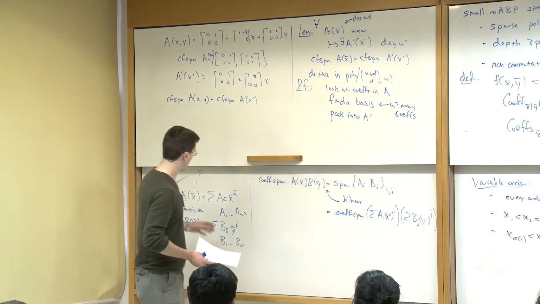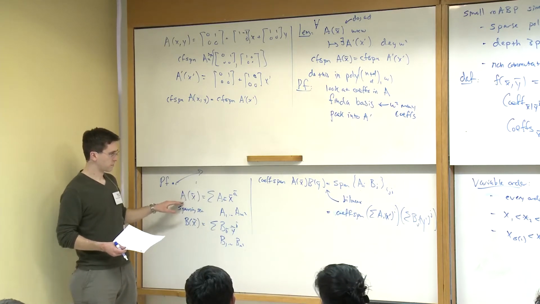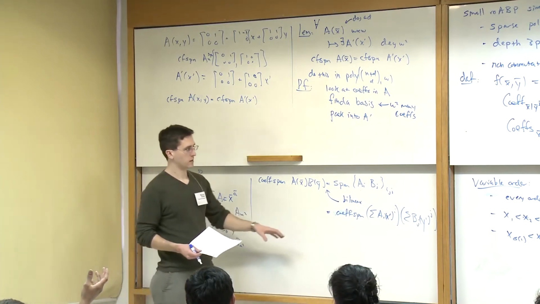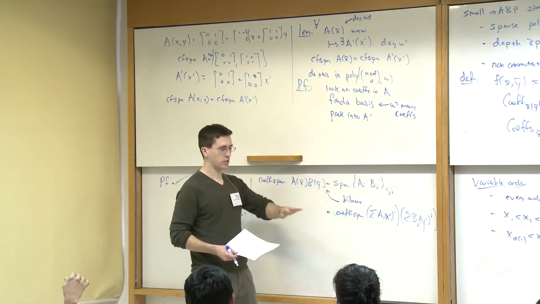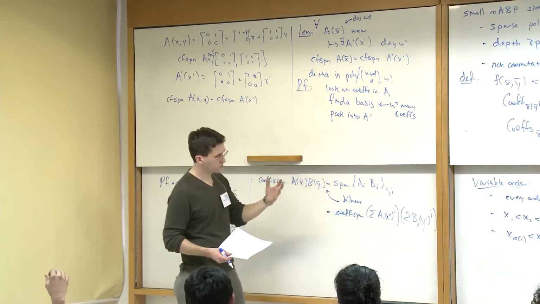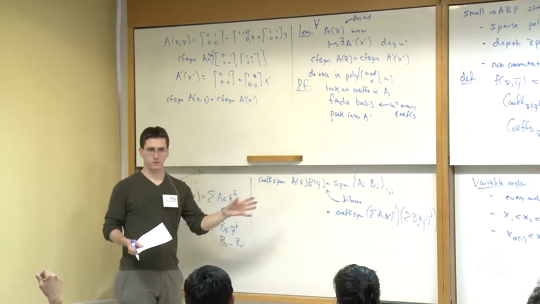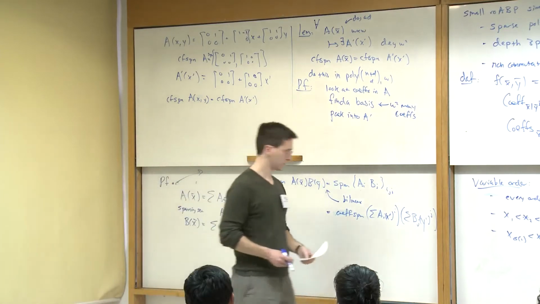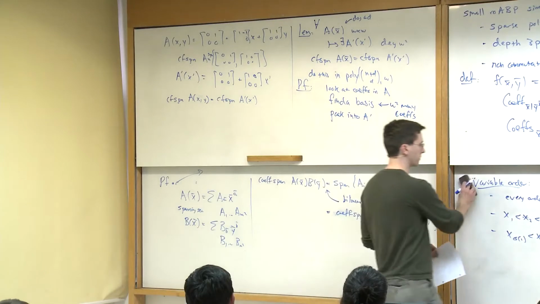Okay, so what I did is I took these two matrix valued polynomials, I distilled their coefficient span, and I repacked them into smaller things. And because of bilinearity, I haven't changed the coefficient span at all. And this is really using variable disjointness, like a lot, right?